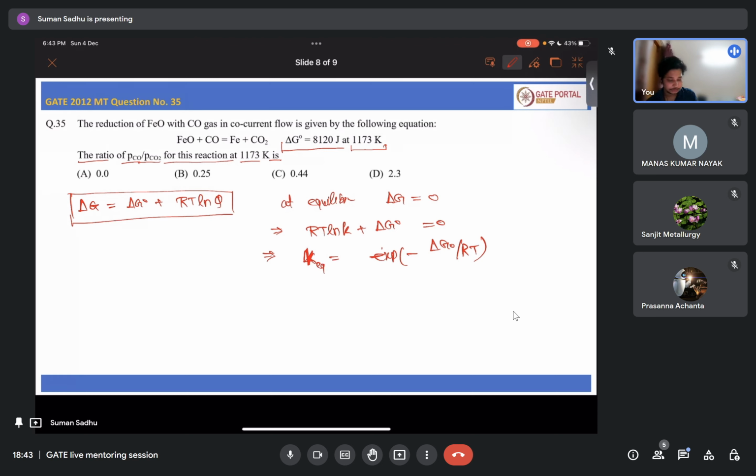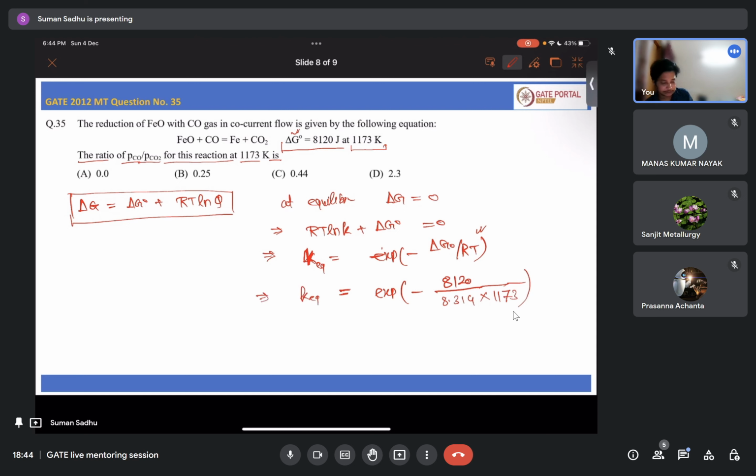Now delta G naught is given, T is also given, so you can easily calculate the value of K. So exponential of minus 8120 divided by 8.314 into T, that is 1173 Kelvin, right?